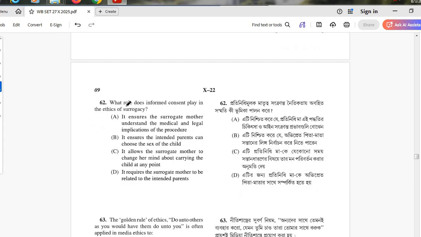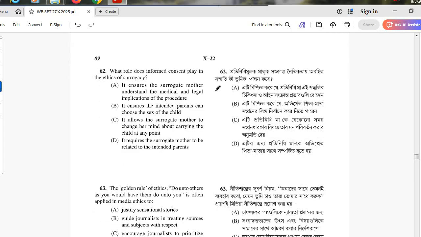Question 62. What role does informed consent play in the ethics of surrogacy? A, it ensures the surrogate mother understands the medical and legal implications of the procedure. Option B, it ensures the intended parents can choose the sex of the child.